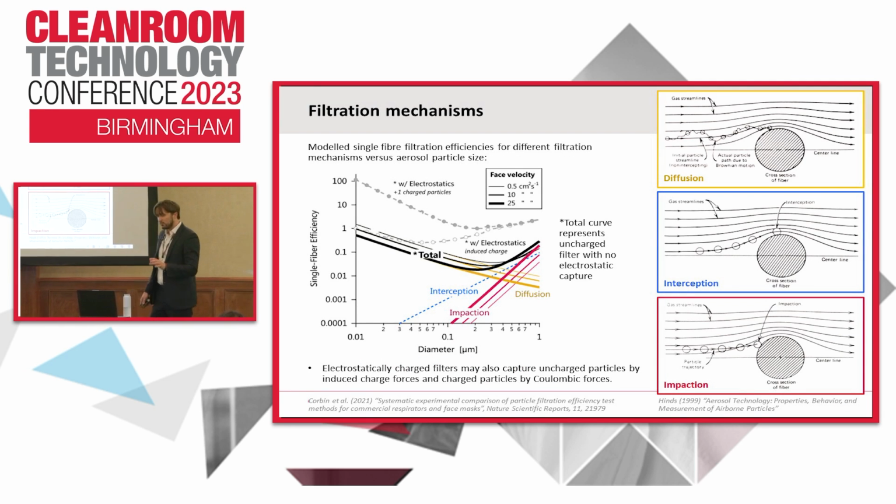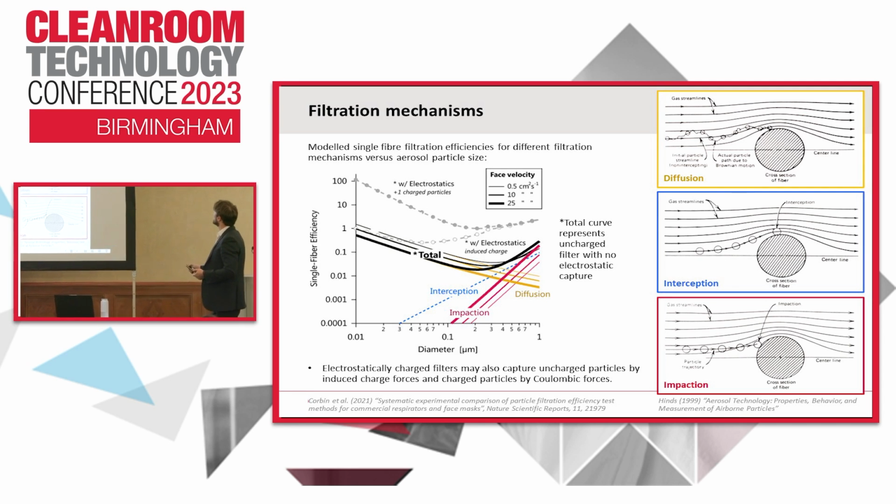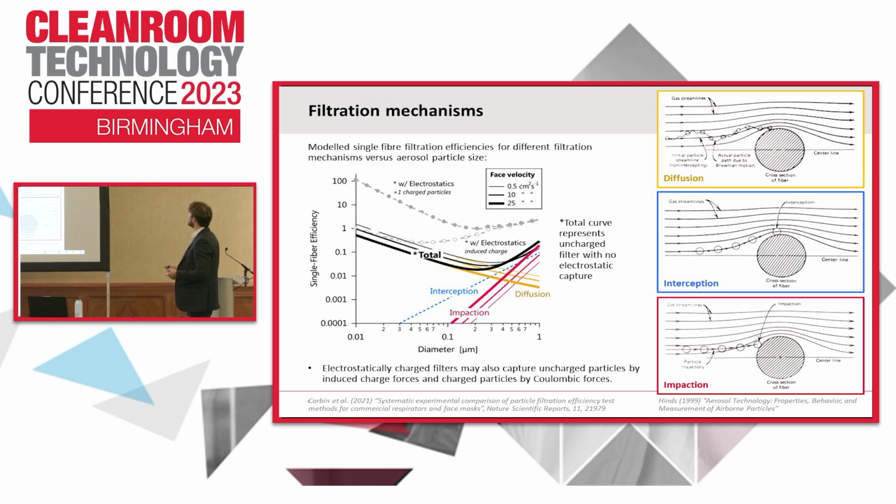So this slide just very briefly summarizes the mechanisms in play for particle interaction with filter media. So on the right-hand side, you see there's diffusion, interception, and impaction. These diagrams just show gas streamlines going around a cylindrical fiber element in a filter. So with diffusion, collisions with gas molecules affect this random walk.